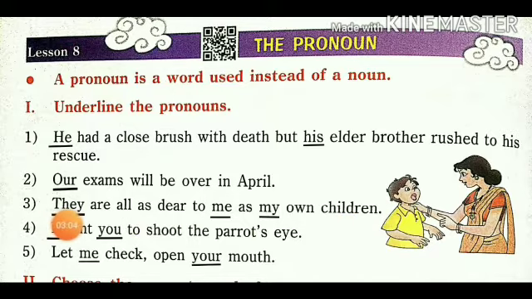They means some children are there. Their names are not given, but instead of names we have used they as a pronoun. Me is also a pronoun, and in my own children, my is also a pronoun.